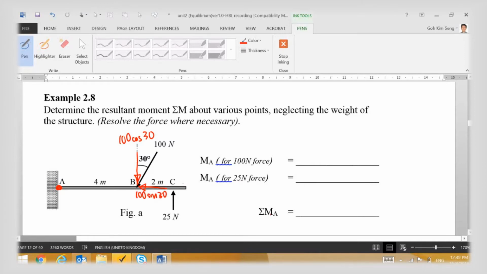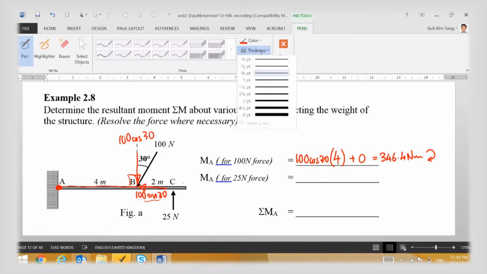The moment for 100 cos 30 is multiplied by the distance, in this case 4 meters. The 100 sin 30 component passes through point A, so there's no moment. This is 346.4 Newton meter, and this is a clockwise moment.